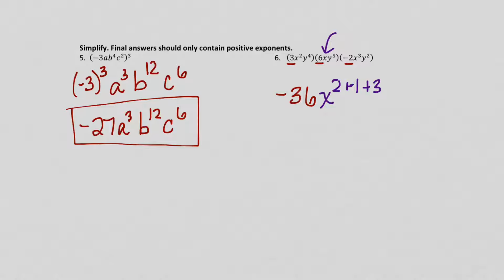And then we can do our y's. So keep the same base and add your exponents on the y's. So 4 plus 5 plus 2. So we get -36, x to the 6th, y to the 11th. And that's it.